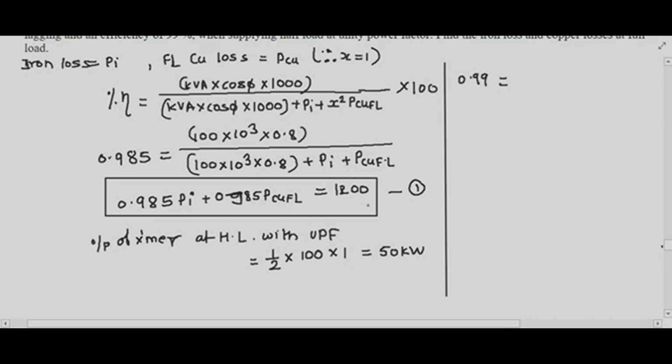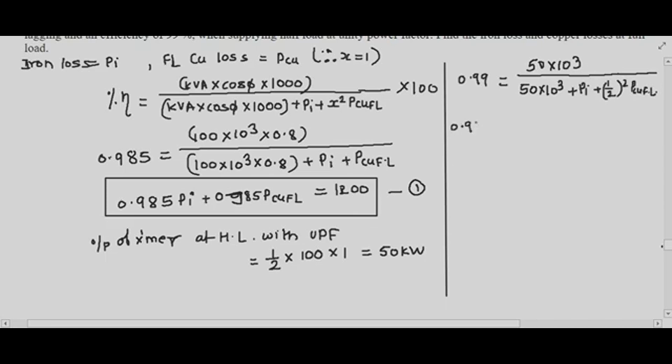Directly we have done here kVA into cos phi, so I will write here 50 into 10 raised to 3, converting that kW into watt, divided by 50 into 10 raised to 3. Iron loss will not change at any load, it is constant throughout, but my copper loss will change. So what is this X? X is half load now, means half square into PCU full load. Okay, so from this I will get one equation.